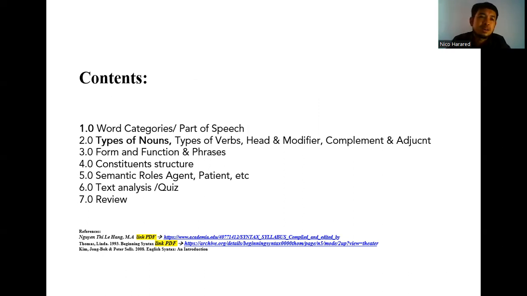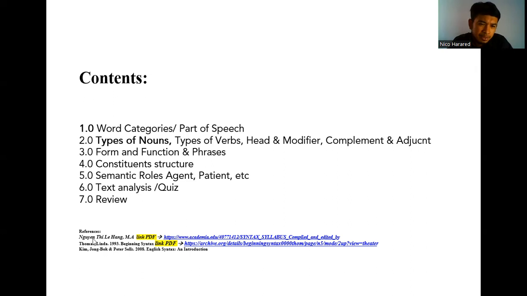Then constituent structure, semantic roles, text analysis, or maybe a quiz. And the final one, we talk about the review or summary from the first session until the last session.